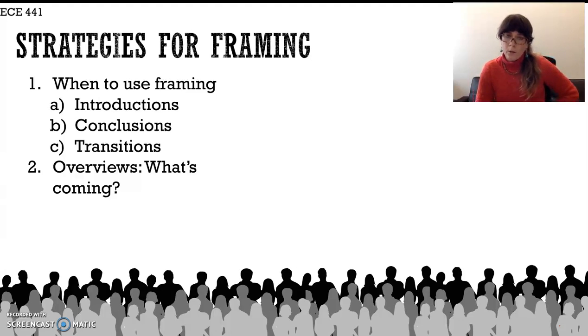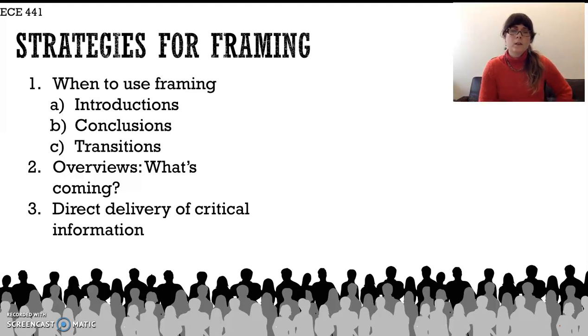Overviews can be very helpful to tell the reader what's coming in that section. Again, this helps a lot in terms of effectiveness at processing the information. And then direct delivery of critical information.